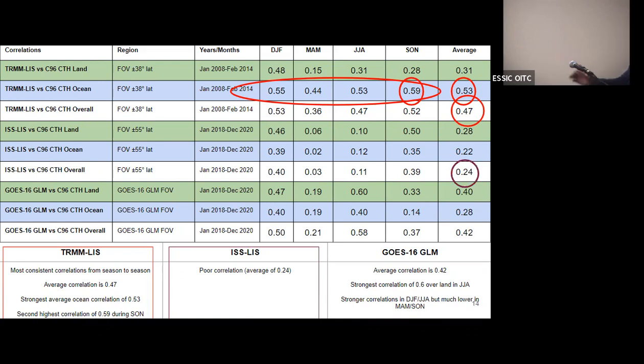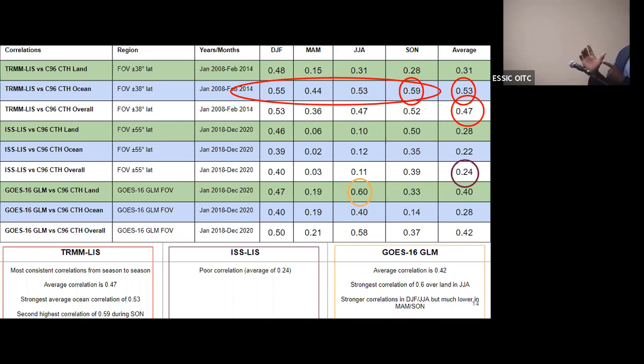ISS-LIS is generally pretty poorly correlated with the cloud top height parameterization within our model. The strongest correlation we saw was for JJA over land for GLM. These are for all of the grids within the GLM domain.